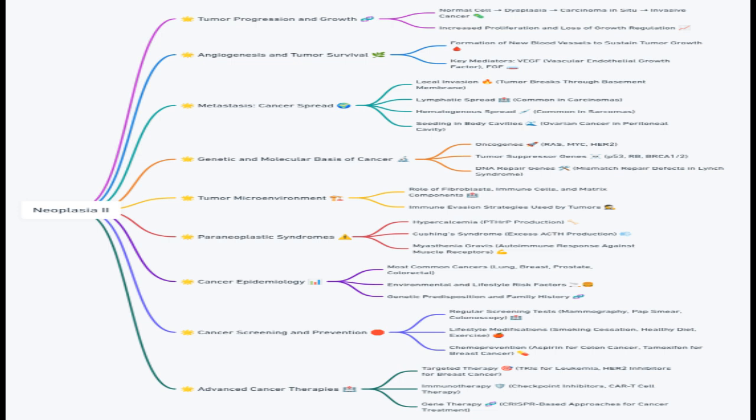They have a high nuclear to cytoplasmic ratio, and peripheral palisading, which is the tumor cells at the periphery aligned in a palisading pattern resembling a fence. And there's retraction artifact, a clear space or clefting between the tumor and surrounding stroma, and this helps differentiate basal cell carcinoma from squamous cell carcinoma.